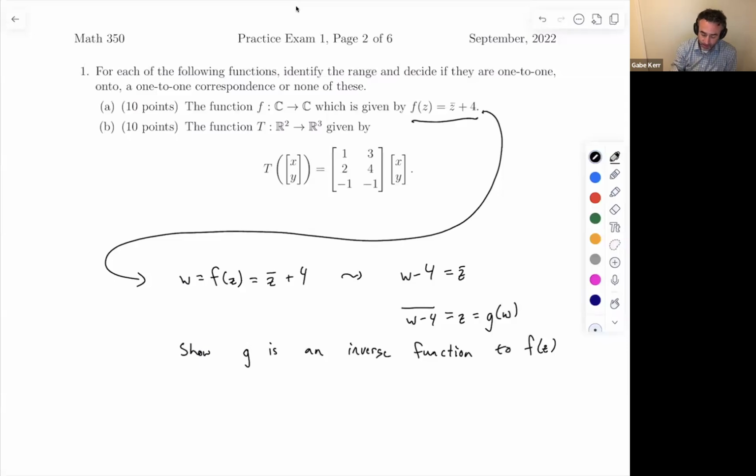Then, since a function has an inverse if and only if it is a one-to-one correspondence, F is a one-to-one correspondence, meaning it's both onto and one-to-one.